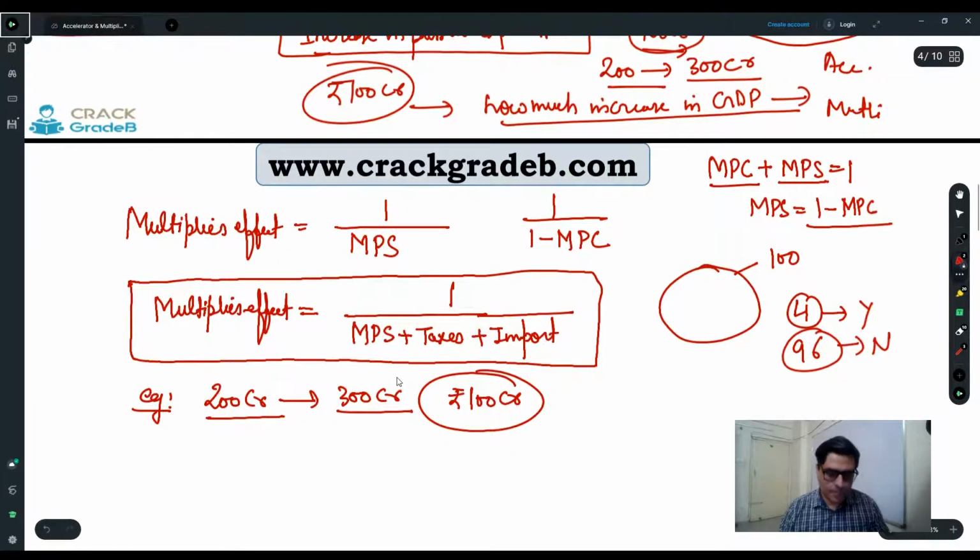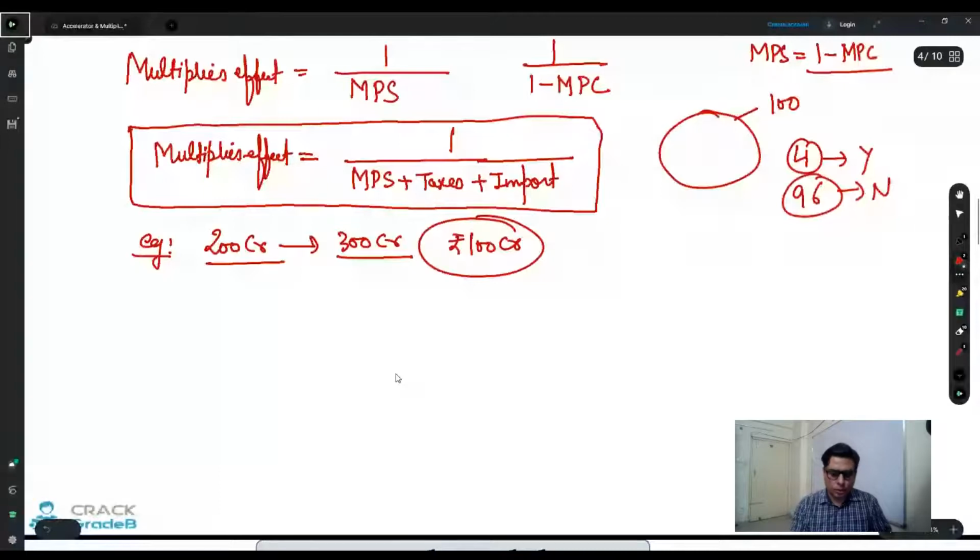Okay, Jeet. So focus on this. You will understand very clearly. So the government has started increasing its expenditure, and suppose that the increase in the expenditure is for road construction. So road construction spending is increased by 100 crore.